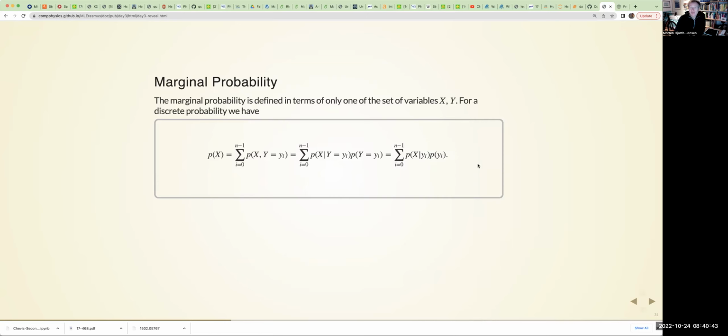In a sense, this is just a way to sum away one of the variables, or if you have a continuous distribution, it will be the same as integrating over the variable y. So we end up with a probability which depends only on one of the variables, and that's called the marginal probability. And I guess you've seen equations like this many, many times.